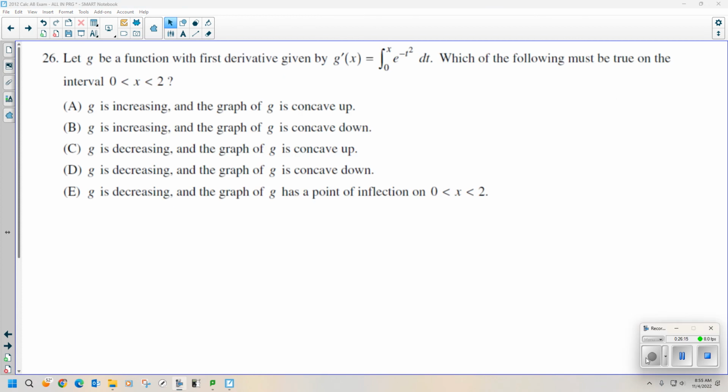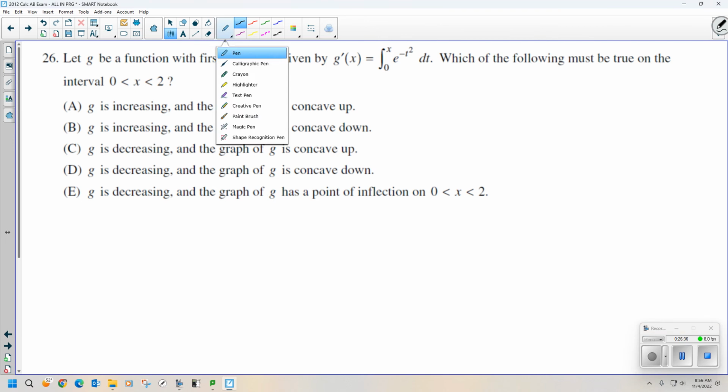26 says, let g be a function with first derivative given by g prime of x is the integral from 0 to x of e raised to the negative t squared dt. Which of the following must be true on the interval from 0 to 2? Now, if we look at our answers, g is increasing, increasing, decreasing, decreasing, decreasing.